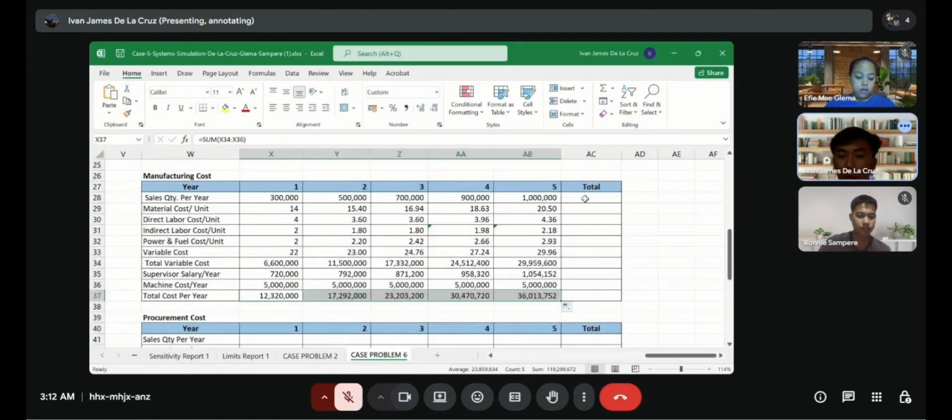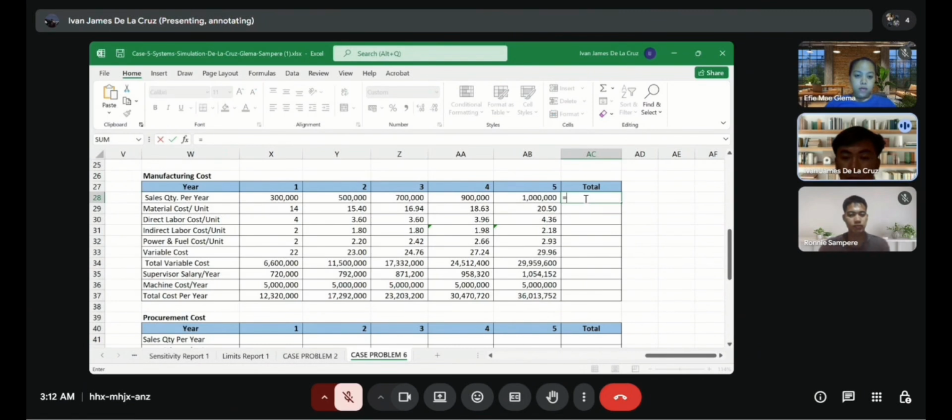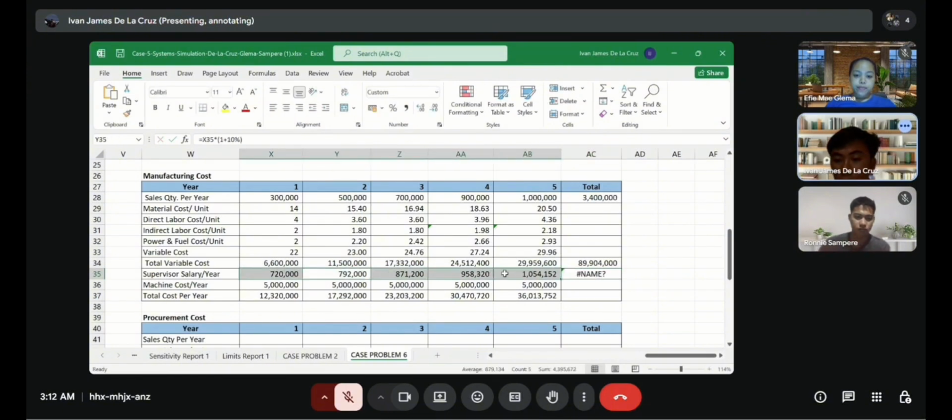So to get the total for the sales quantity, sum for the total variable cost, sum of supervisor's salary. Okay.